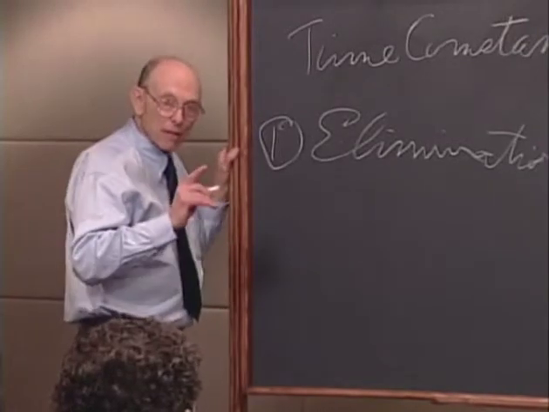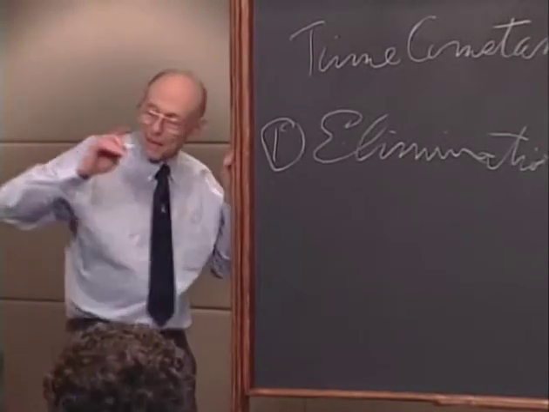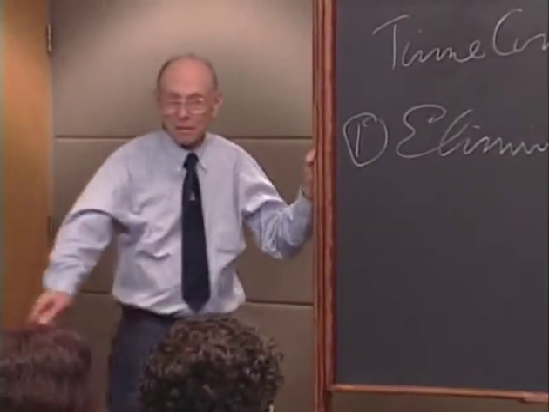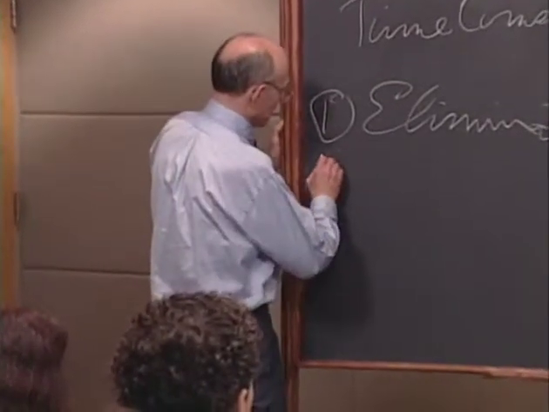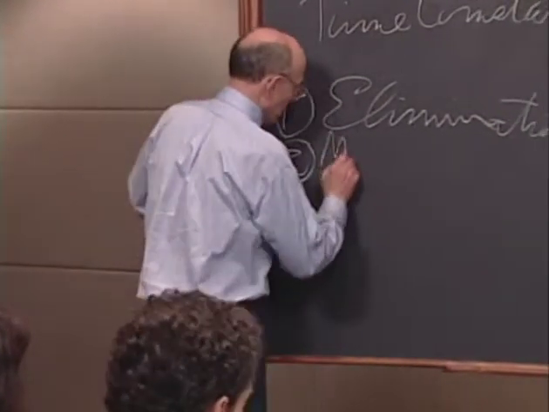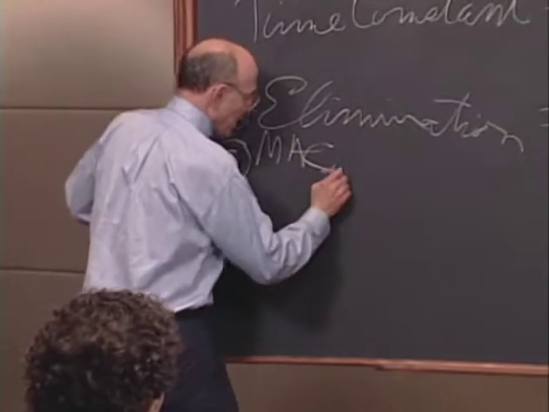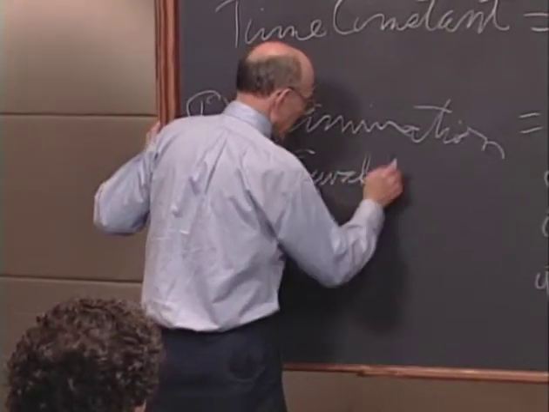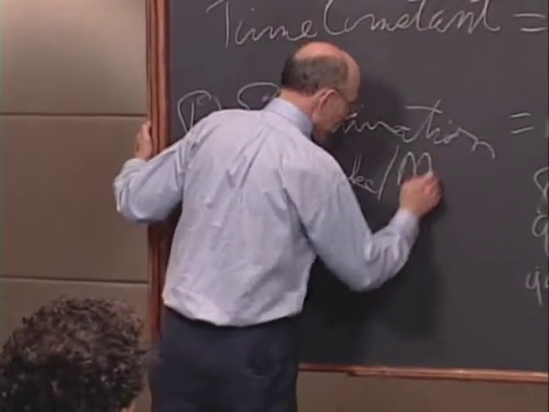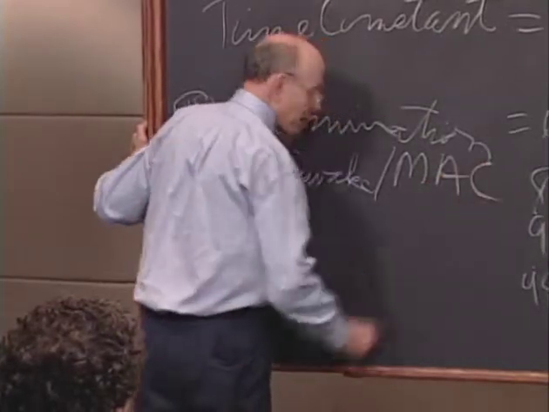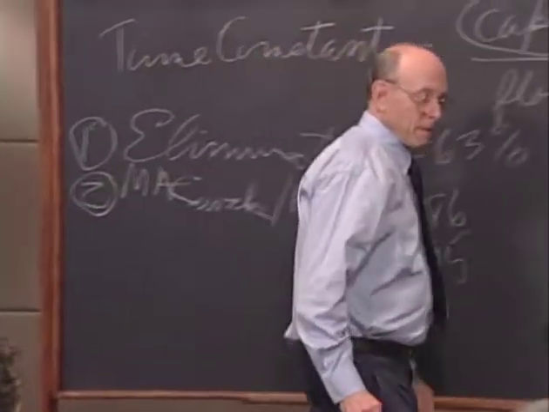But there is a second factor which is vitally important. MAC ratio. That's it. MAC awake to MAC ratio. What is that for nitrous oxide? 60% or a little bit more.